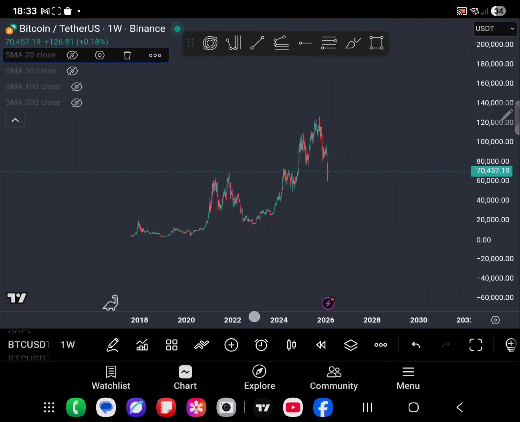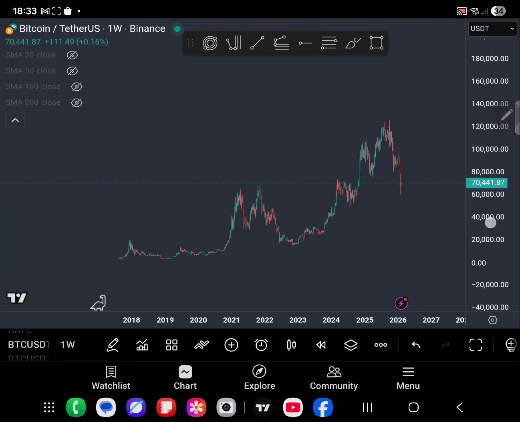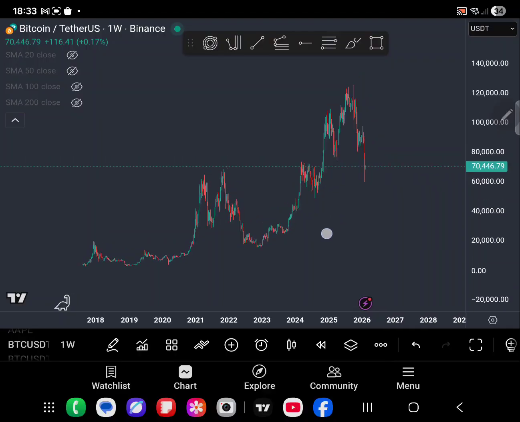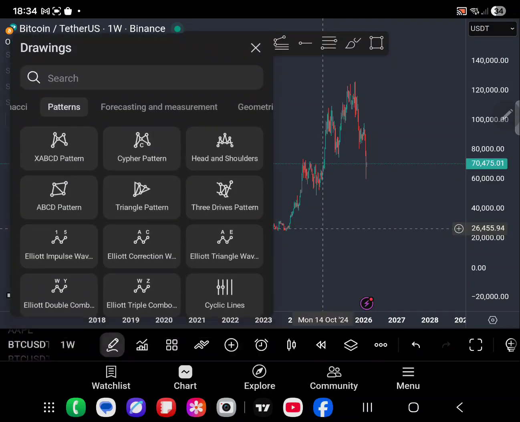So this is the 1 week chart. So what's my Elliott wave count on Bitcoin?